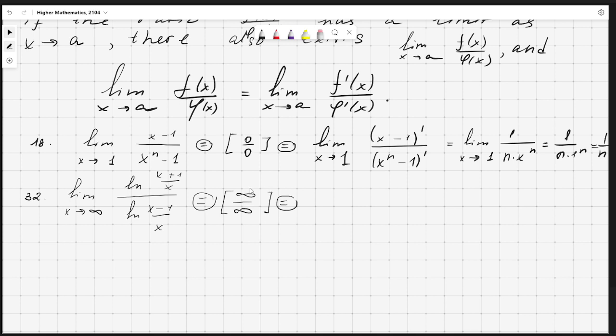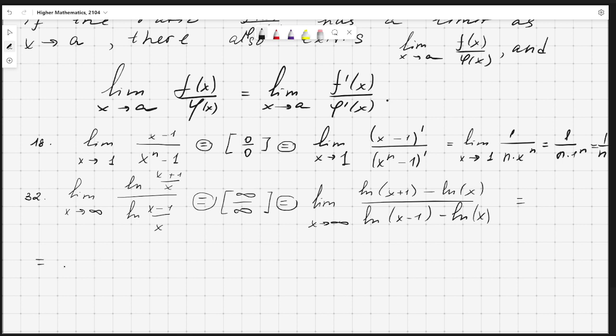Another case does not exist in this theorem. It means we must find limit as x approaches infinity. Maybe I write down as natural logarithm of x plus 1 minus natural logarithm of x in numerator, over natural logarithm of x minus 1 minus natural logarithm of x in the denominator.